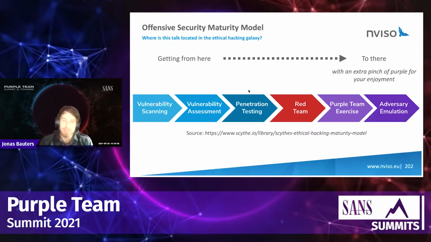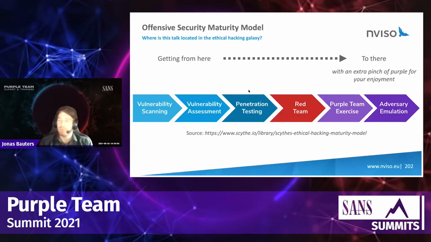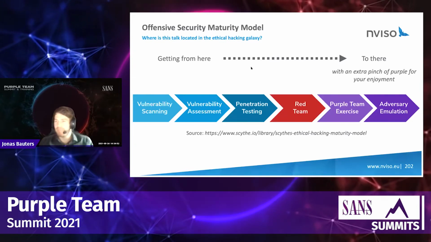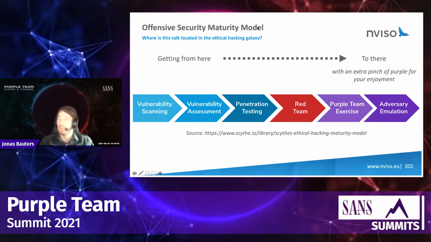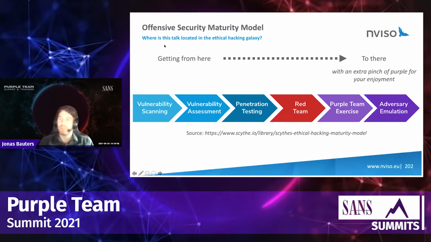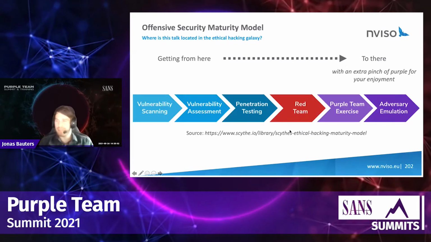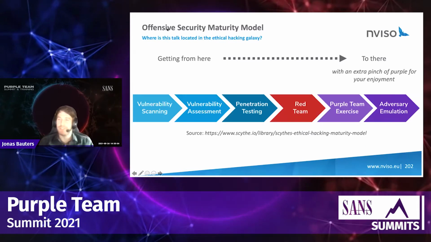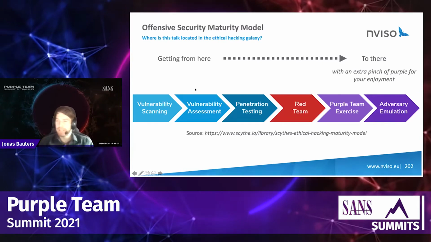For this talk, I've based myself on the ethical hacking maturity model, which I've been talking with George about as well. And he mentioned maybe we should switch the name to Offensive Security Maturity Model, since the ethical hacking name is a bit outdated. So that's what I did in this slide already.